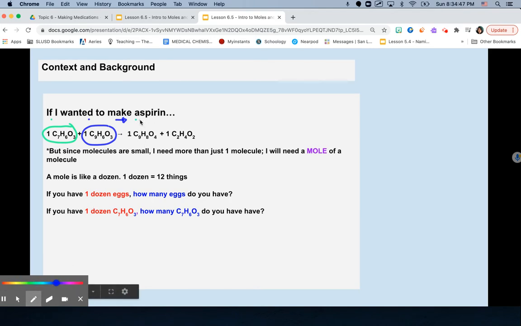I'm not even going to see this molecule of aspirin at all, because atoms and molecules are just way too tiny.